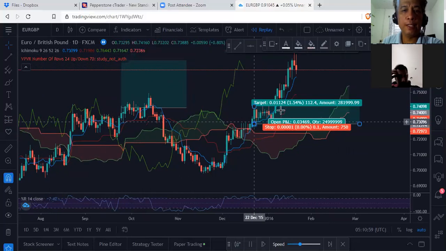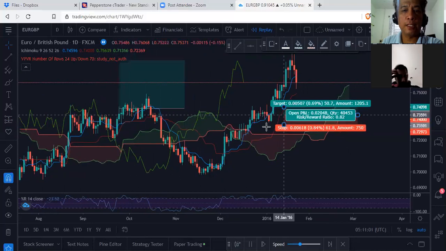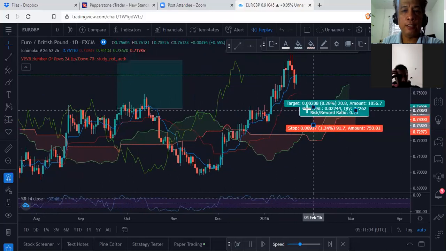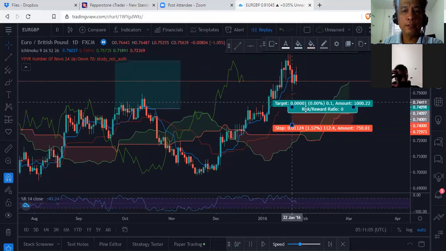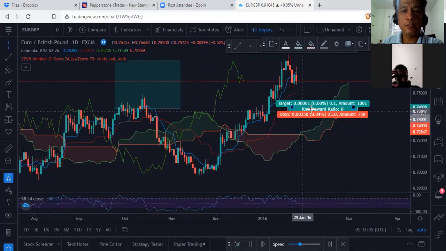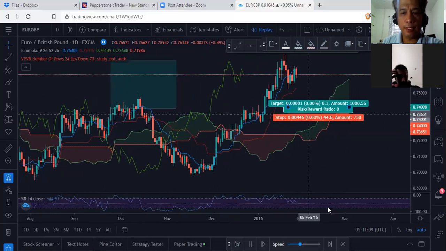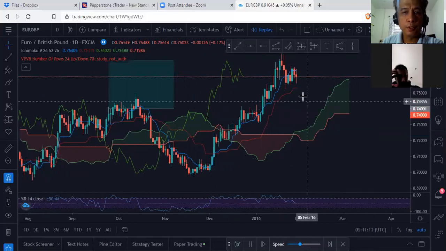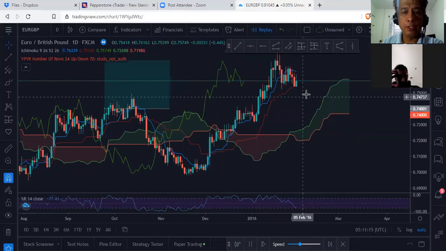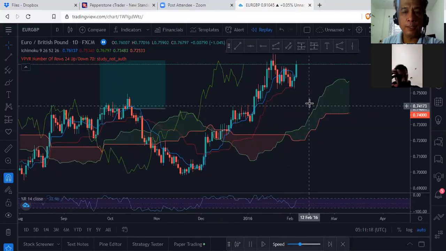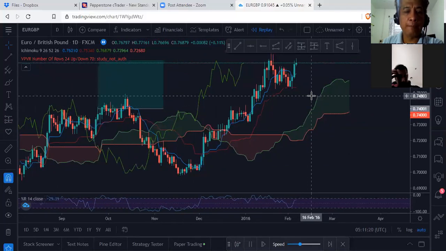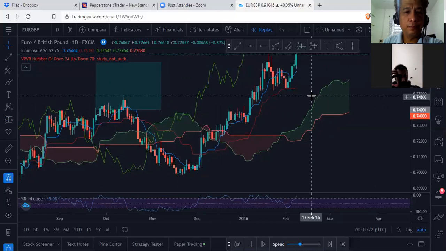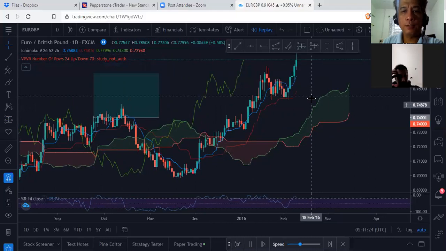So I'm not having a TP, but I'll just have a... so my TP here. It's really hard to do this, so I'll just use this one. So I'm following now, so my trailing stop loss is here. Okay, very good.